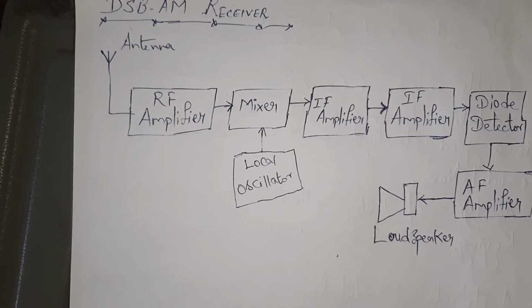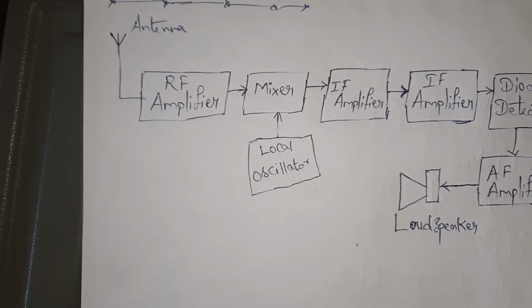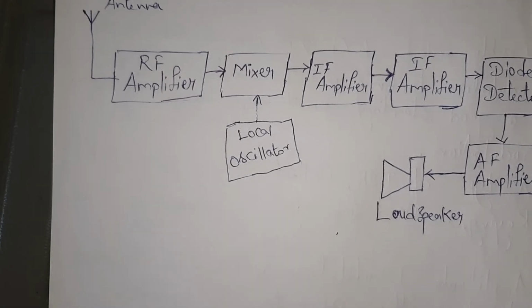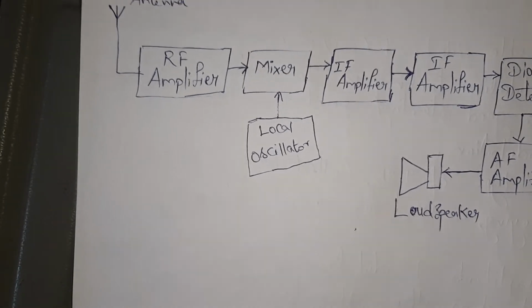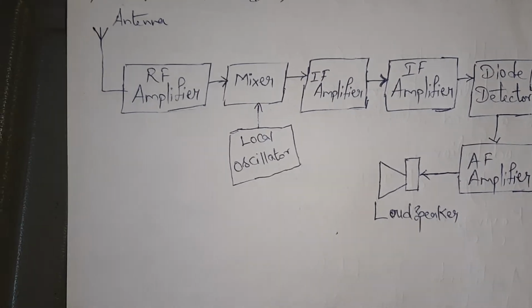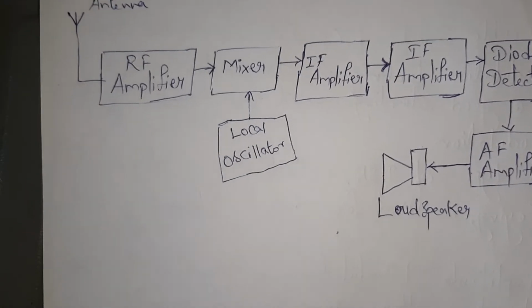The low pass filter is used to remove the intermediate frequency ripple, and a capacitor blocks the DC voltage level. As a result, the information signal passing through the diode detector and the audio amplifier, we can listen to with the help of the loudspeaker.